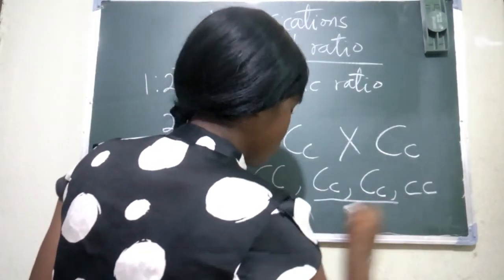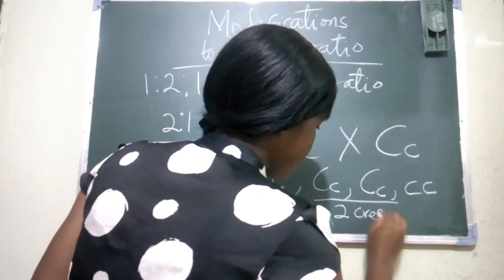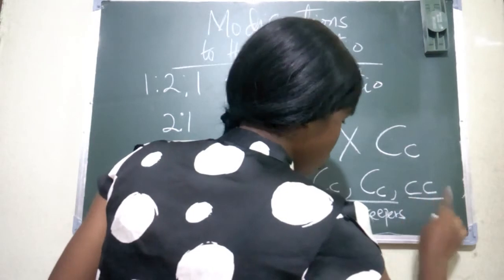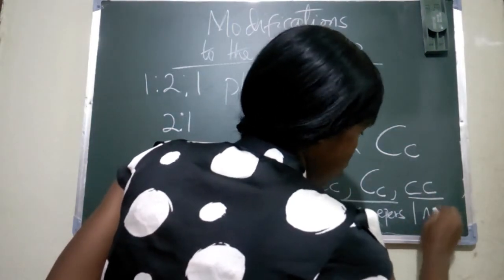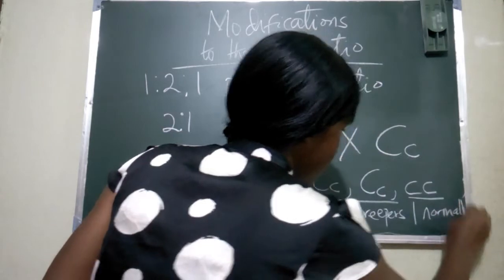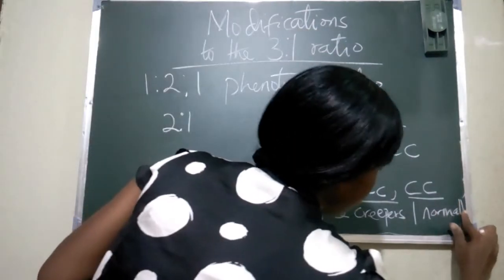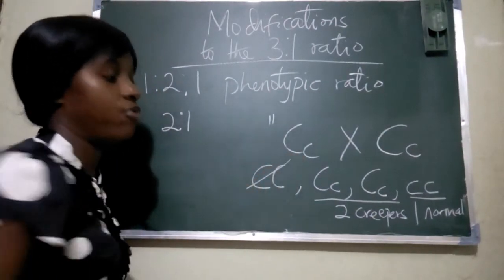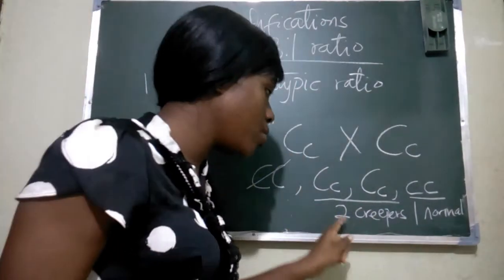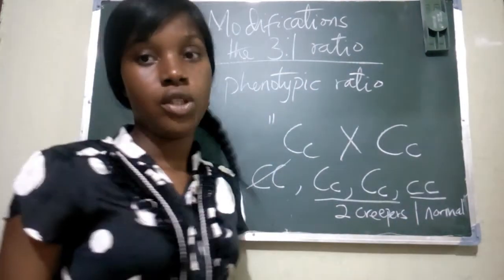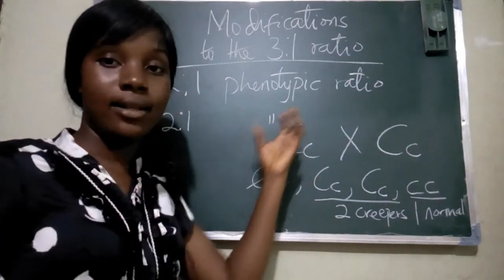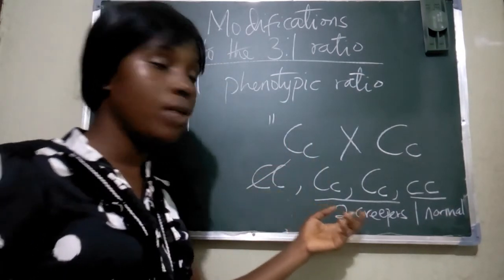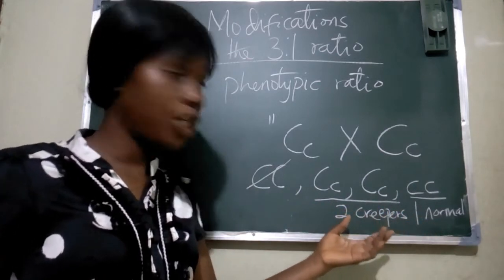These two are creepers. These two, this one, sorry, is normal. It's normal, but this will die off, leaving us with the 2:1 ratio. So now you've seen how a dominant lethal allele has given us the 2:1 phenotypic ratio in the F2.